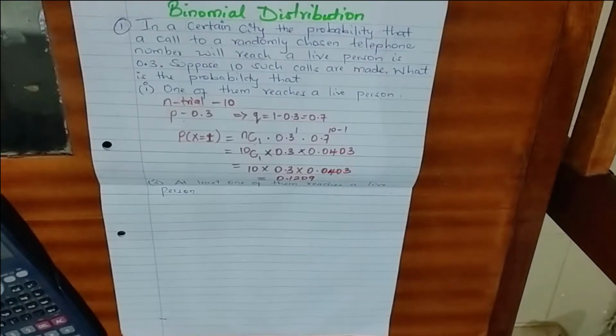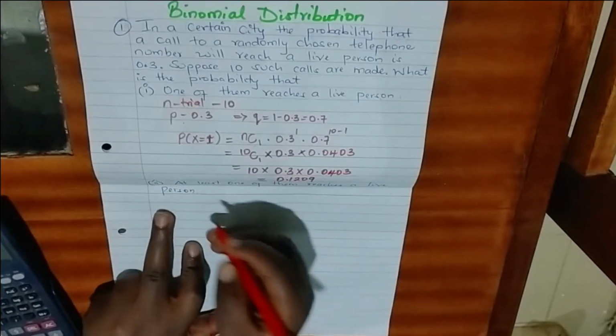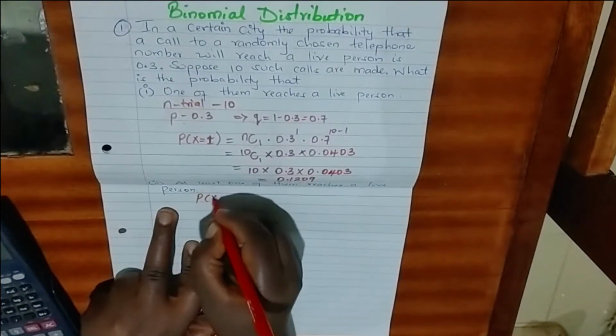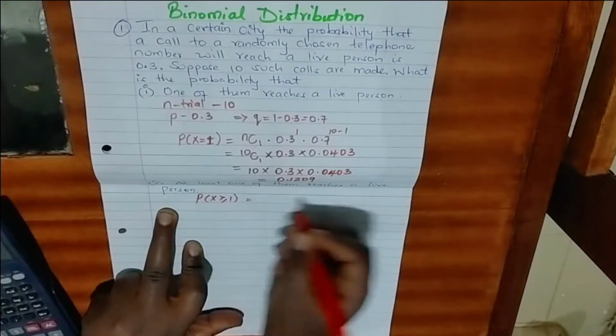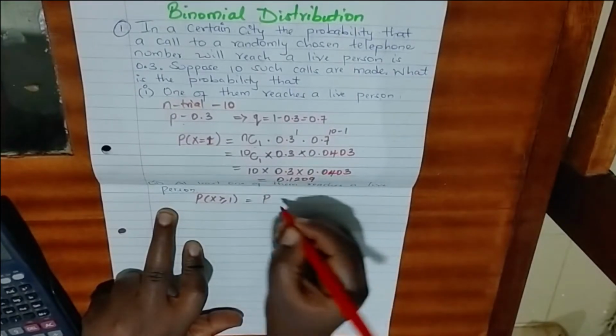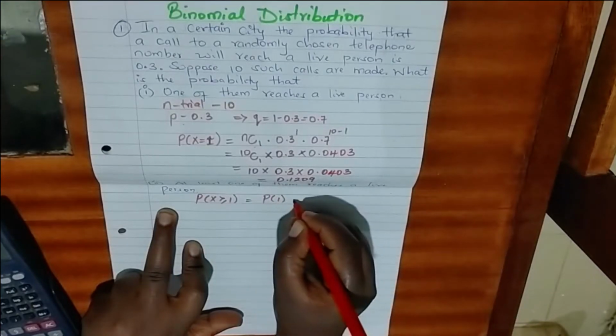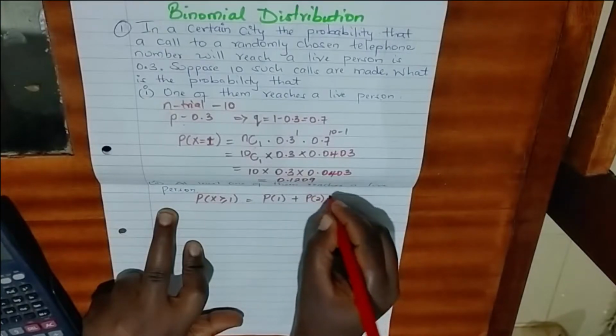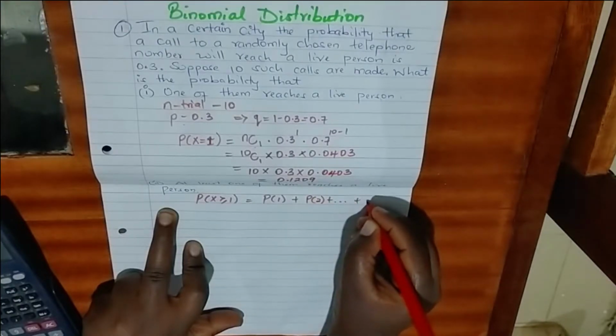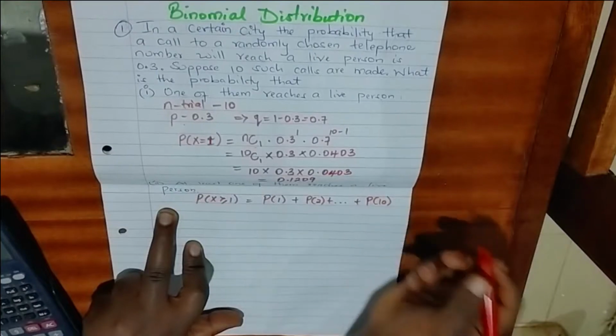The other case we have: what is the probability of reaching at least one live person? In this case, at least one means X is greater than or equal to 1, and this will comprise the probability of reaching 1, 2, all the way to the probability of reaching 10 persons.